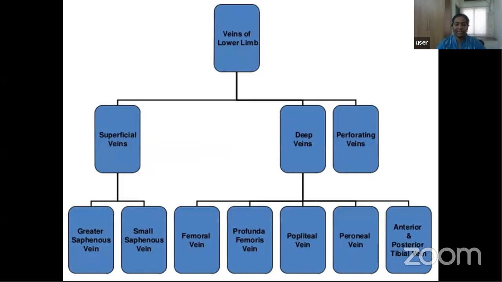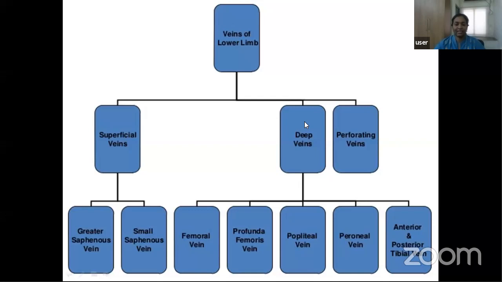So broadly, when we come to the veins of the lower limb, we have divided them into the superficial veins, the deep veins, and the perforating veins. The superficial veins are again two, the great saphenous vein and the small saphenous vein. These two are present within the superficial fascia, just below the skin.